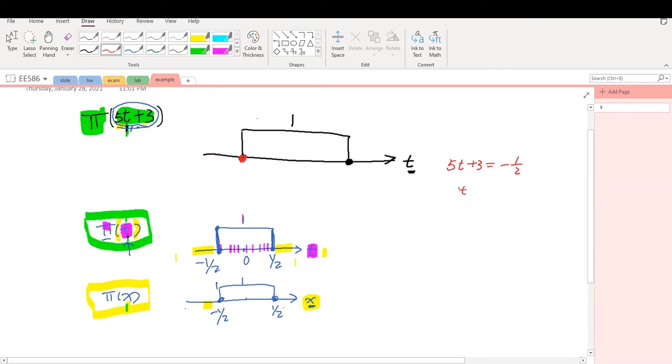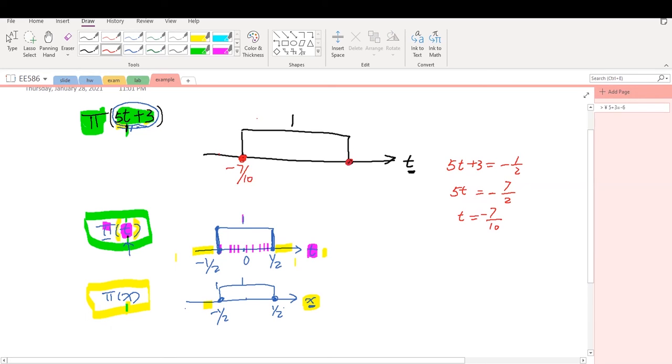So 5t equals minus 7 divided by 2, so t equals minus 7 divided by 10.